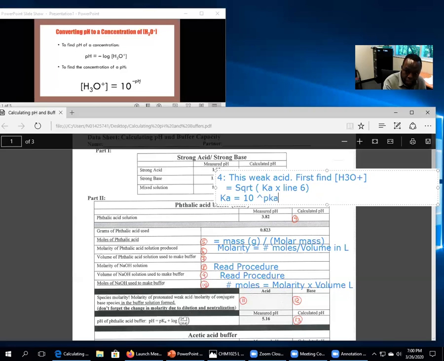This pKa is given from page 142. This is on page 149.